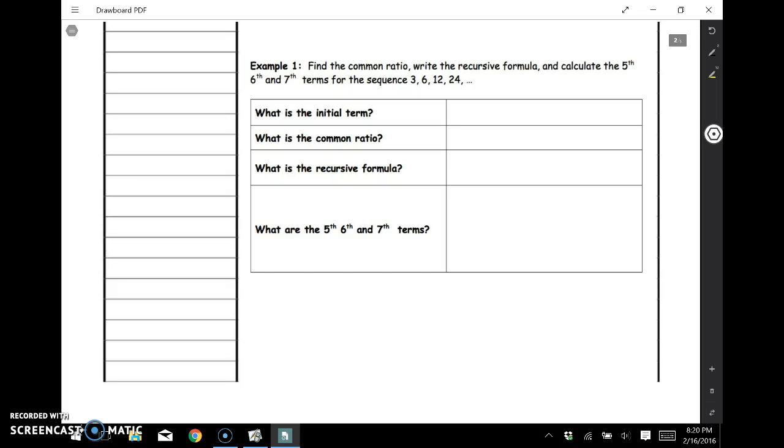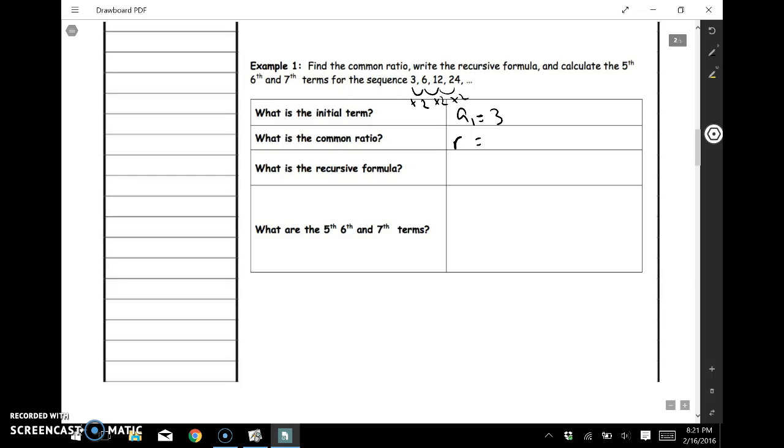So the initial term, a sub 1, is equal to 3. I know I have these nice little boxes here, so if you wanted to, you can pause the video and just copy this down in your notes, and then I'll help you fill in. The common ratio, what is the constant multiplier here? Well, I know that I have to multiply by 2 to get from 3 to 6. Multiply by 2, multiply by 2.